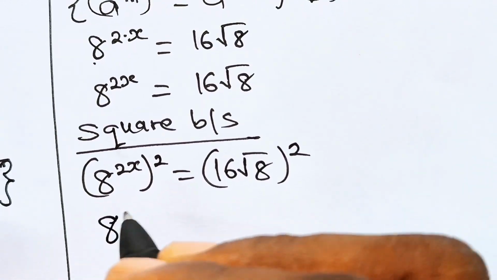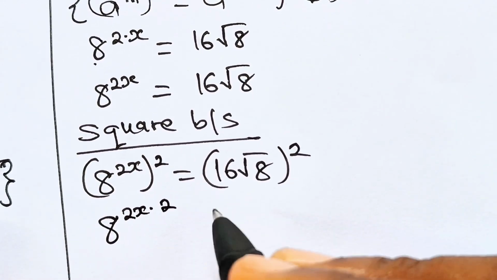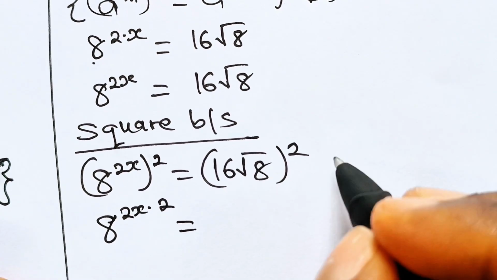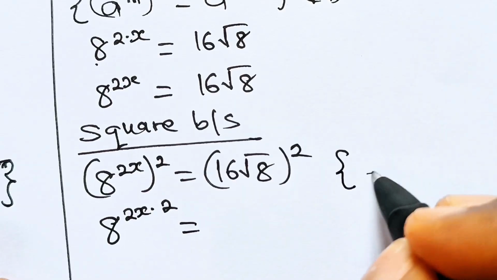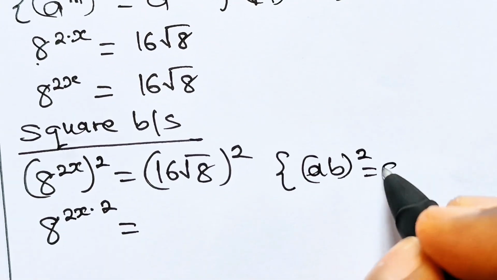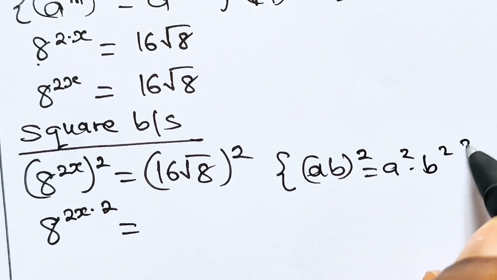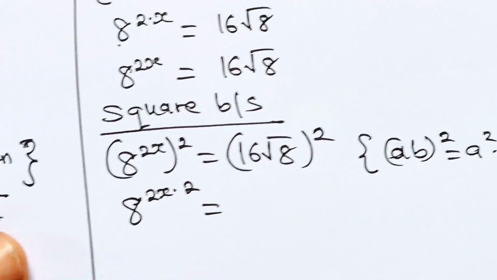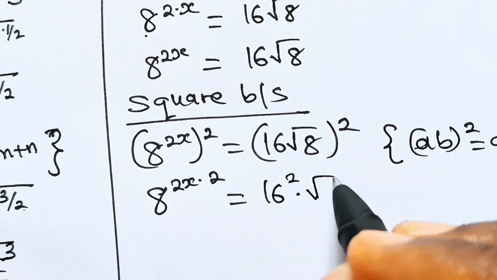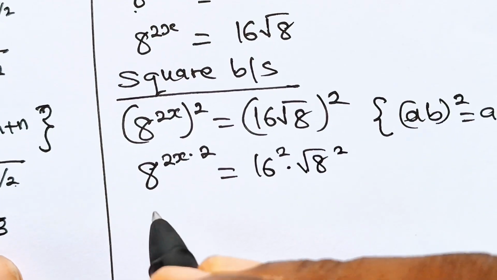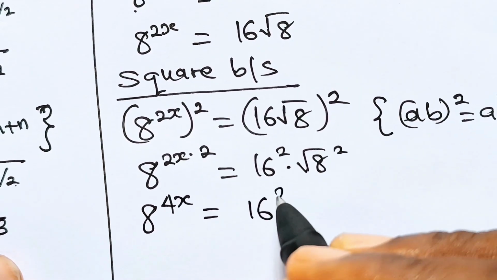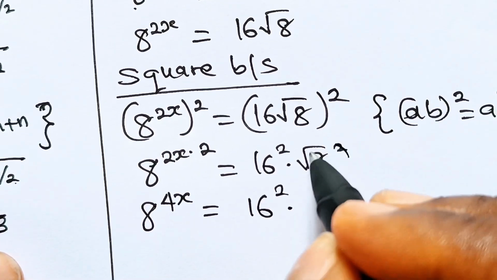So this will be 8 to the power of 2x multiplied by 2 is equal to, now recall that ab squared is equal to a squared multiplied by b squared. So it means that this is 16 squared multiplied by root 8 squared. So you have 8 to the power of 4x is equal to 16 squared multiplied by 8.